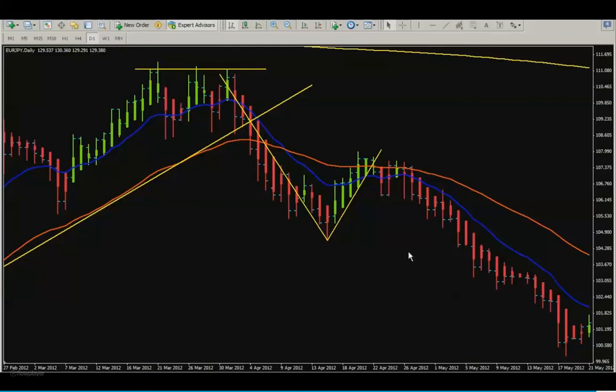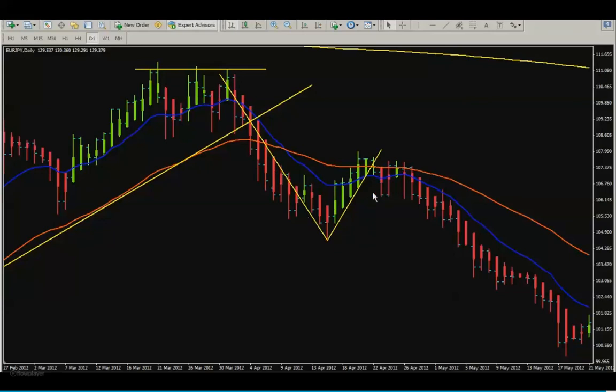But for now, remember, I'm not talking about stops and entries. This video was just about the setup and finding the entry after drawing a nice 1, 2, 3 setup, and also your support and resistance lines.